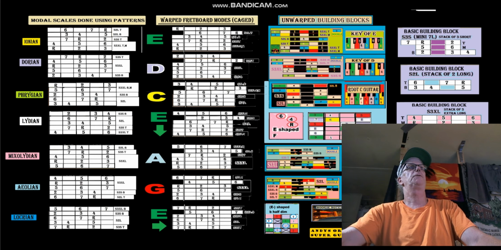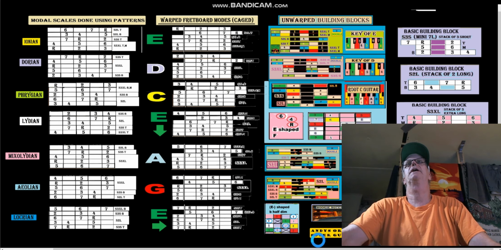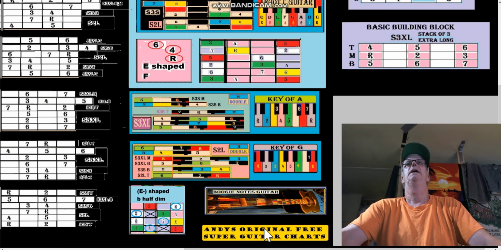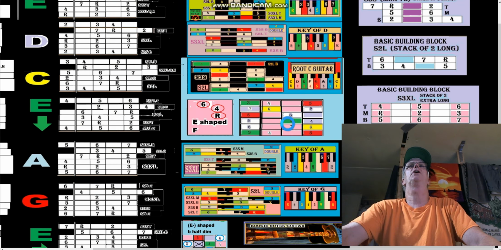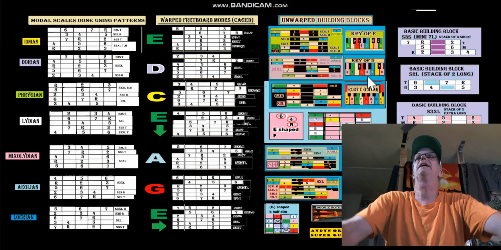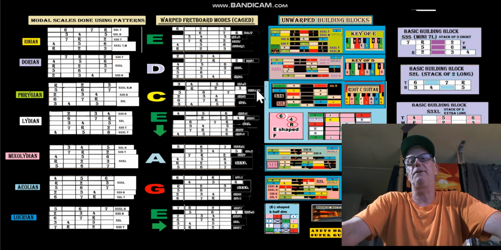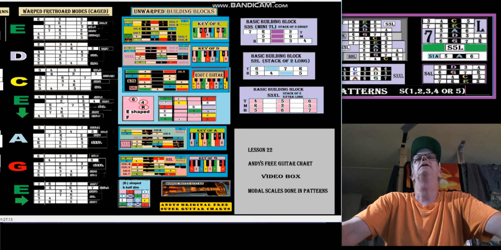Okay, so this is one of the Andy super guitar charts. You can kind of see the label here, original free super guitar. That just means that the chart has a lot to it. In this case, this chart takes on, and this is before I had the videos going, so down over here, if we undock the chart, we can see, okay, no, this is actually still a video chart.